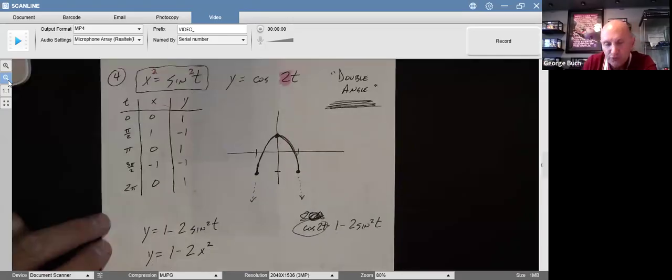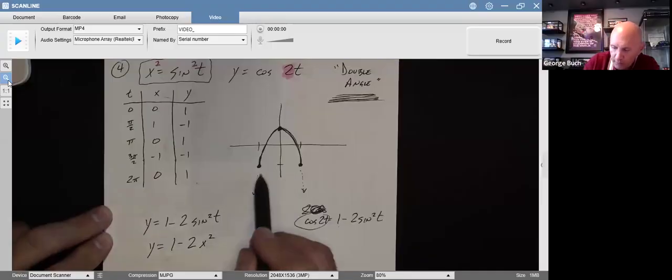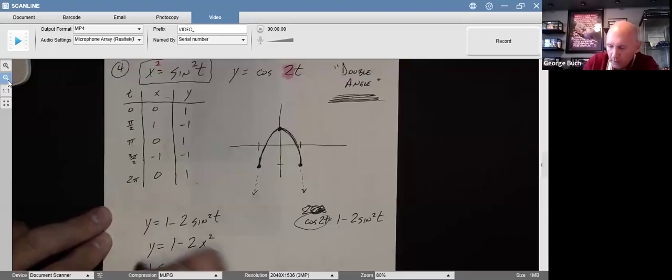But again, this will give me what? A parabola multiplied by 2, flipped upside down, moved 1 unit up by our transformations, right? But I don't want that whole parabola. I want only the parabola where x is between negative 1 and 1.